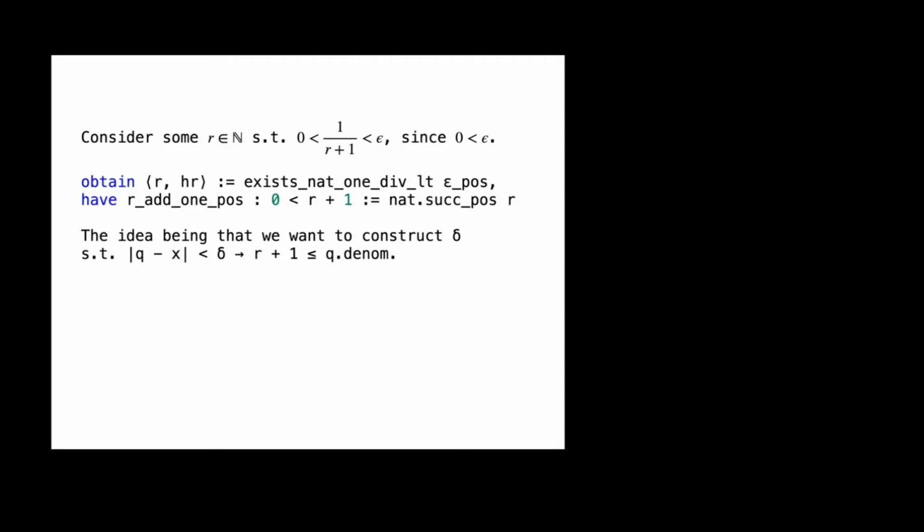In this next bit, consider some natural number r such that 1 over r plus 1 is greater than 0 but less than epsilon, since epsilon is a positive number. The idea being, for any positive real number, if you have a sufficiently large denominator, you can find a fraction of the form 1 over that denominator which is less than epsilon.